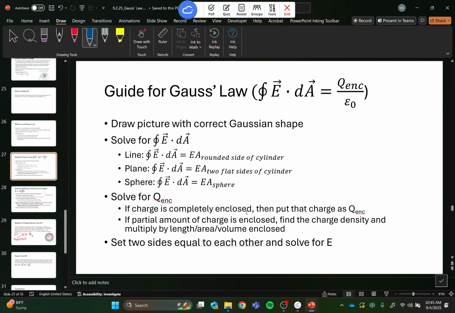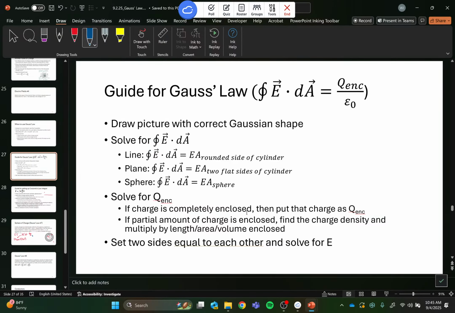All right. I'm going to jump to part C, because part C is going to be the easy one, and then I'm going to come back to part B. So I'm going to take this picture, I'm going to steal it, there it is. Part C says find the electric field at some point outside of it. So at some point out here, find the electric field. We do the same thing.